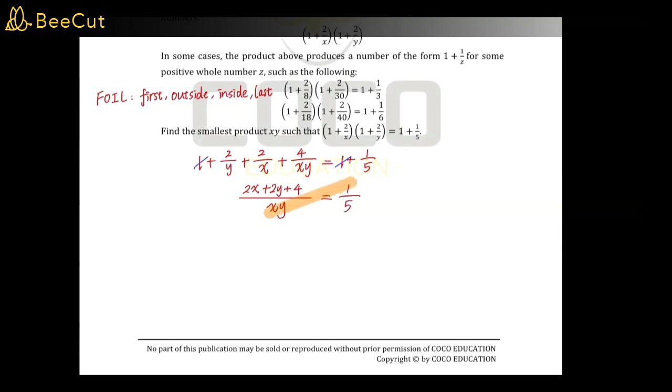So again, do the cross multiplication. So we get xy times 1 equals 5 times 2x plus 2y plus 4. So xy equals 10x plus 10y plus 20.